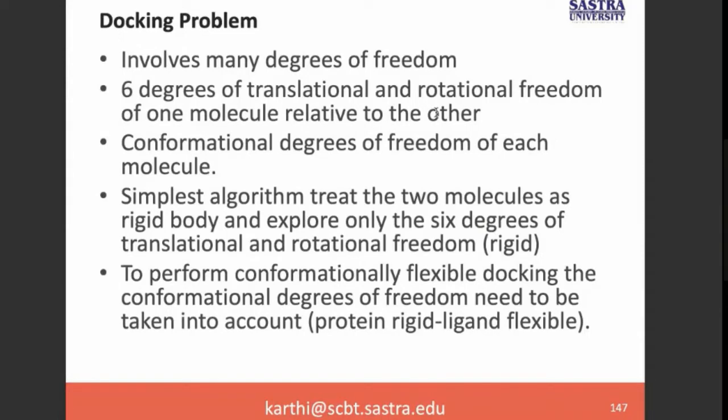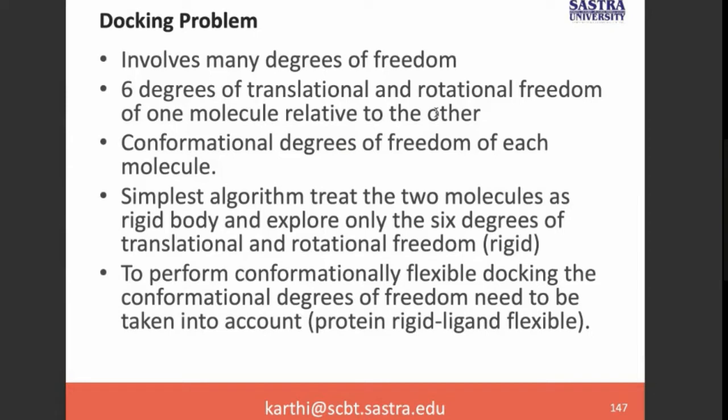But apart from that, we have another important type of degree of freedom called the conformational degree of freedom. It comes into the picture if the algorithm is a flexible docking. For rigid docking, there is no point in talking about conformational degrees of freedom. But if it is flexible docking, then we always have to consider them. The conformational degrees of freedom are applicable to both the protein molecule and the ligand molecule.